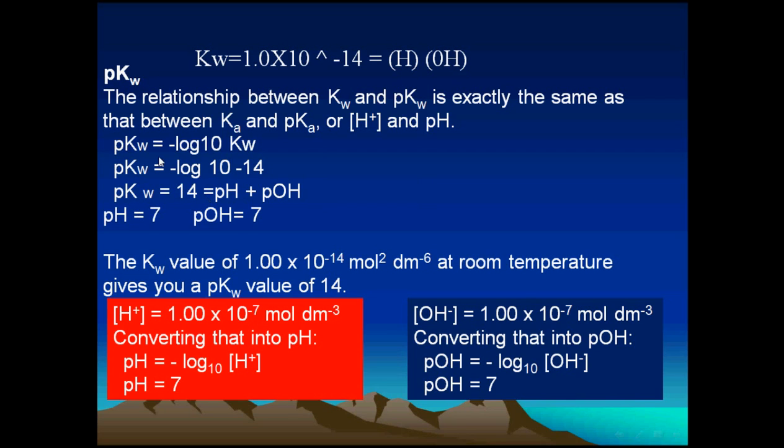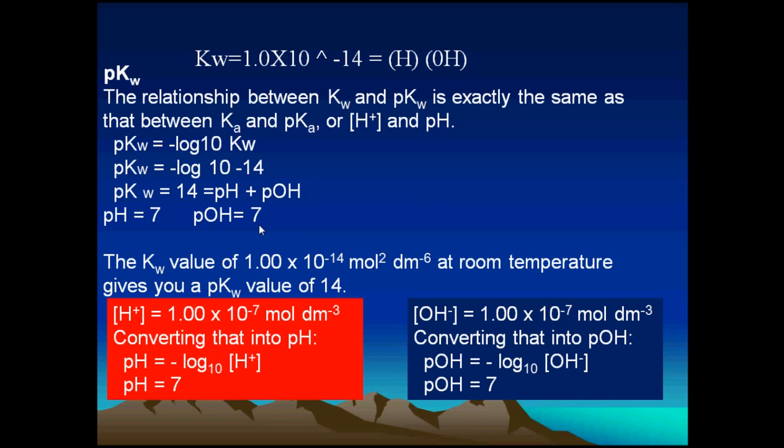This means that the pK of water, the power of the dissociation constant of water, which is 14, equals the power of hydrogen plus the power of hydroxyl anion. Since the ratio between the two is 1 to 1, the power of hydrogen will be 7 and the power of hydroxyl group will be 7.